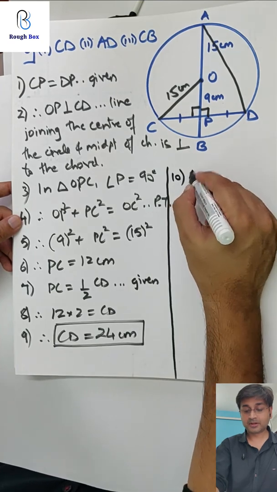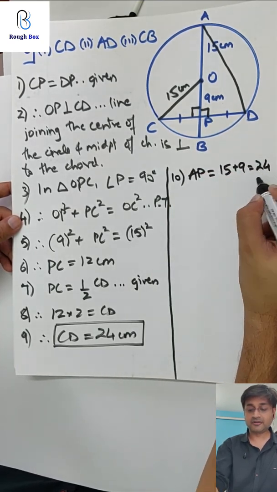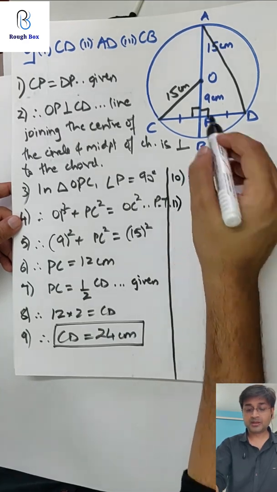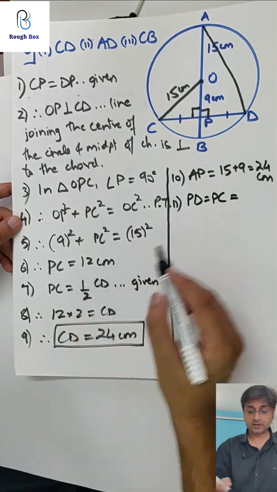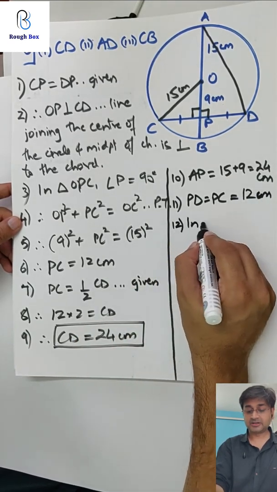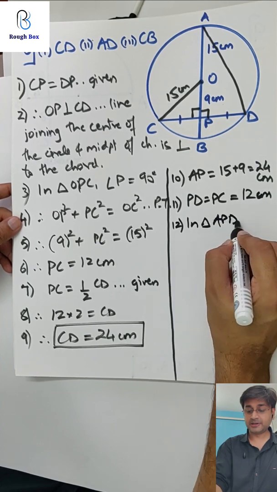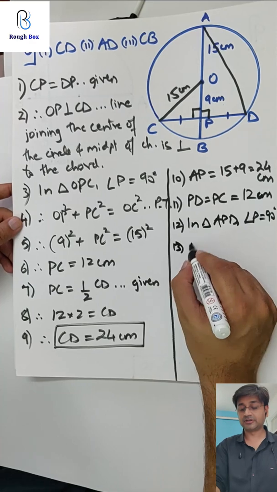So step 10, first I will say AP is 15 plus 9, 24 centimeters. Then I will say PD equals PC equals 12 centimeters. And finally I will jump into the triangle APD, stating that P is 90 degrees and applying Pythagoras.